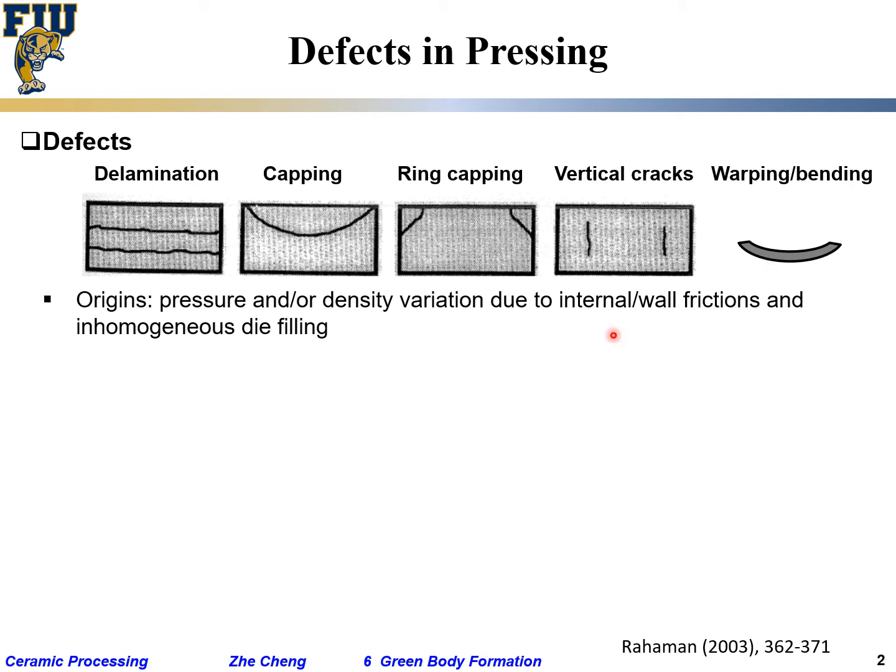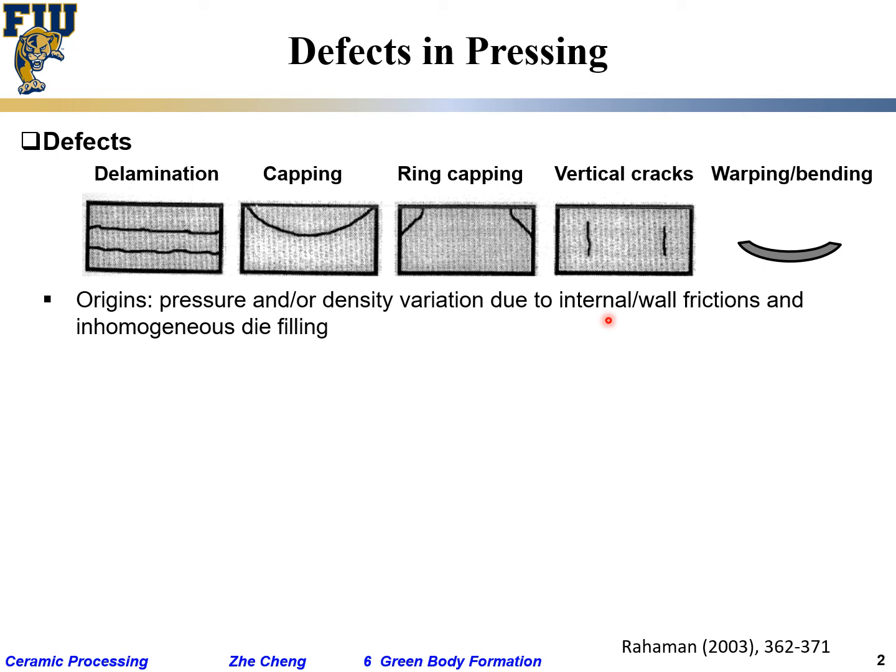Defects in pressing. The origins, where do all this come from? Primarily due to internal or wall friction, the sample friction, and it happens more when you do not have a lubricant or when you go to too high pressure. When you go to too high pressure, you are going to fill in really all the gap between the wall and your sample.